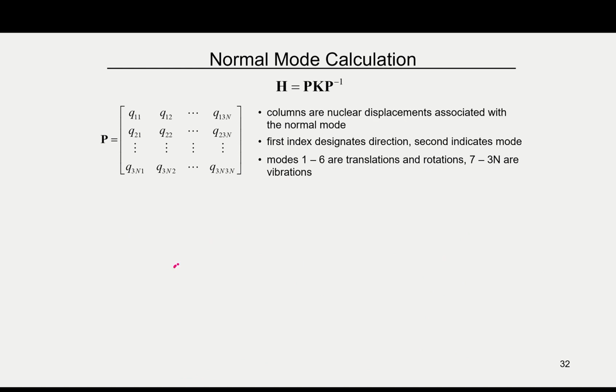What does it mean? You can see this diagonal relation in here, and in here you can see 2, 3, and this is 1, 2, 1, 3, 1, 4, 1, 5, and so on. The columns are nuclear displacements associated with the normal mode.